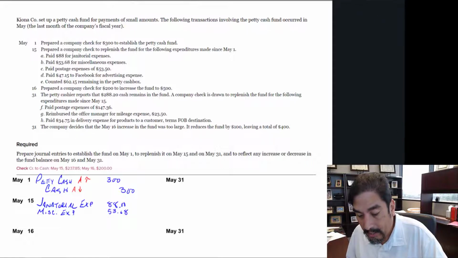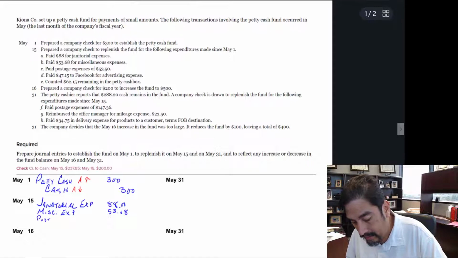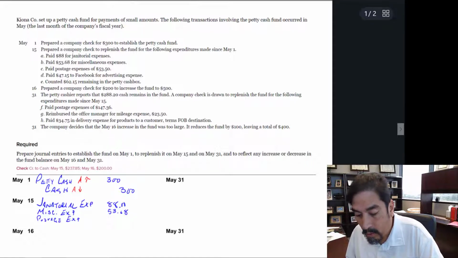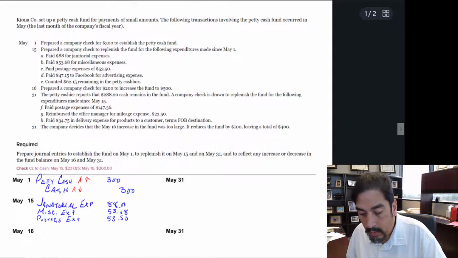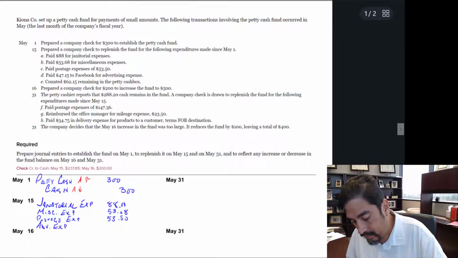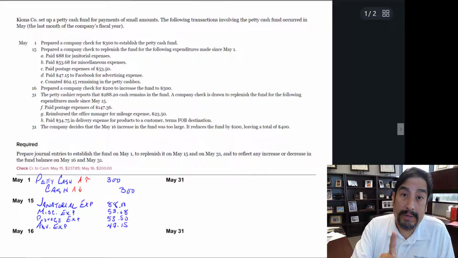We've got postage expense for $53.50. We've got advertising expense for $47.15. That's one thing we're doing.